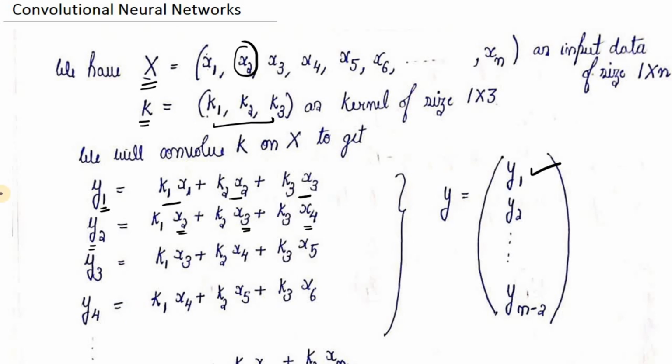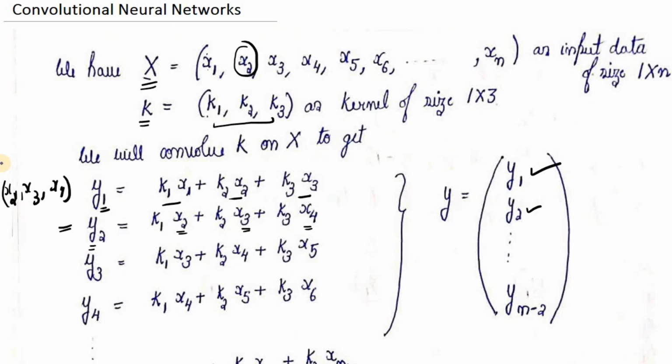So to calculate, let's say, y2, we consider x2, x3 and x4. This is the subvector which I have considered, and then I do the dot product with k, and then y2 is calculated over here. The process goes on, and the notation which we used previously will remain consistent over here as well.